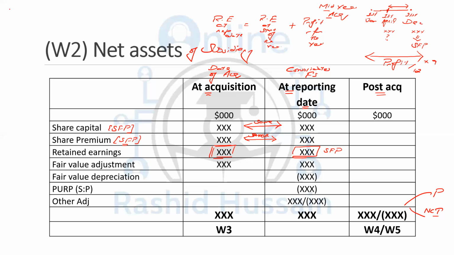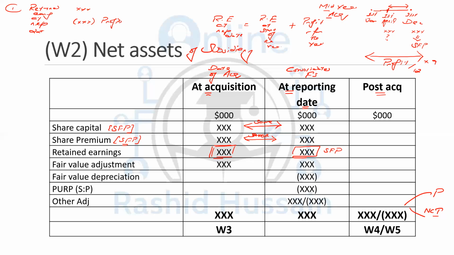So the first method is to take the retained earnings at reporting date, and then deduct the profits to acquisition.